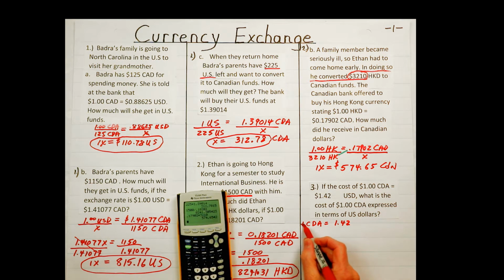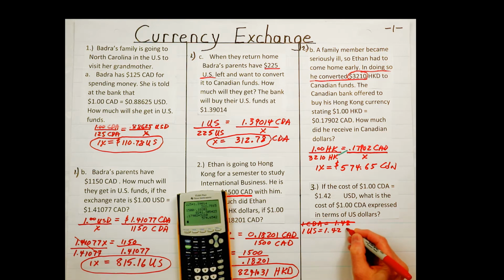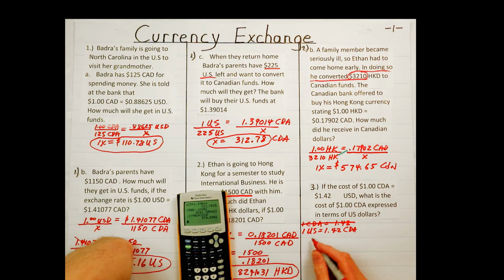Oh shoot. Okay, it's supposed to be 1 US dollar, sorry folks, equals 1.42 Canadian. Now, we can also write 1 Canadian dollar is equal to a certain amount of US funds. But where does that come from? Now that's an interesting question.